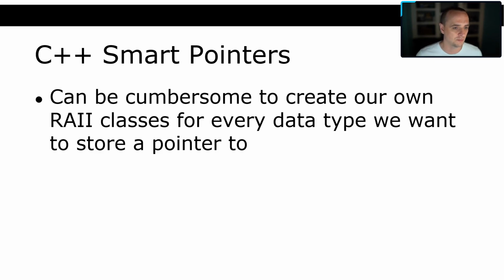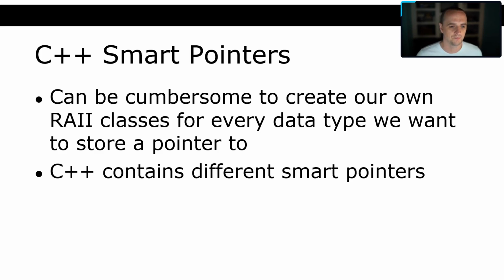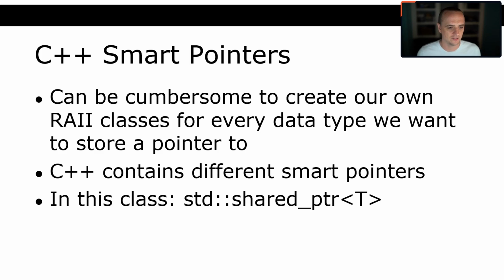Smart pointers are a part of the C++ standard library, and there are different types of smart pointers which have very unique and niche uses. In this class, despite its slight performance hit, we are going to be using a shared pointer.